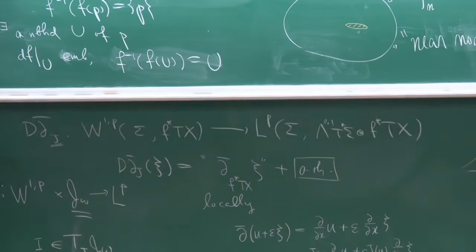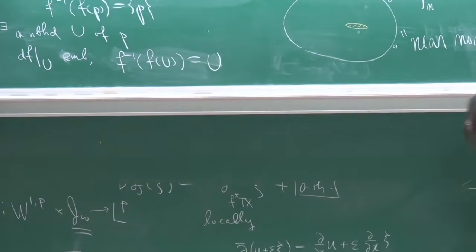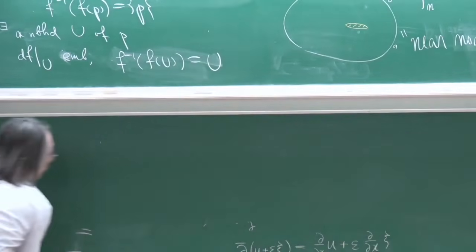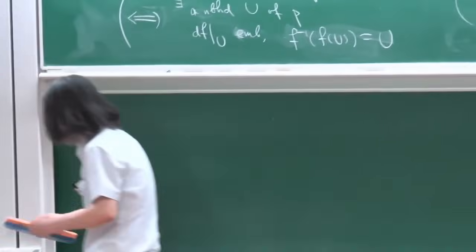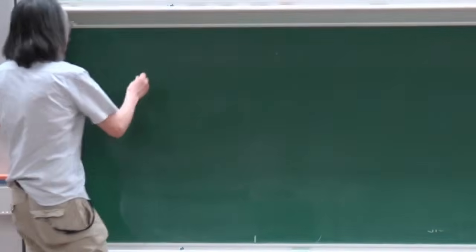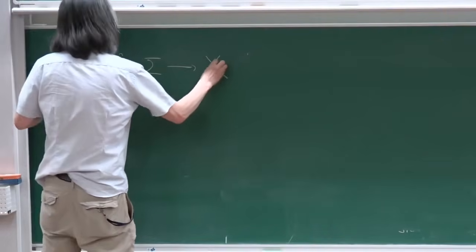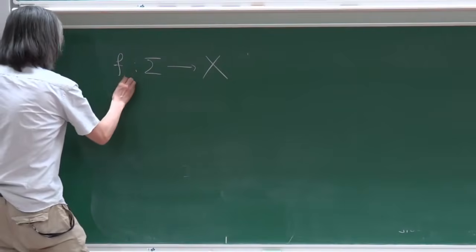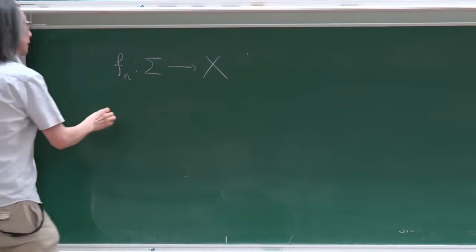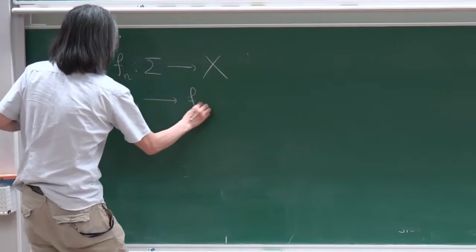So now I tell you what kind of thing is the problem. And if you know this, then this is quite easy. So let's assume F is a map from here to here, and then you consider maybe a sequence like Fn here, and then this Fn may converge to something.